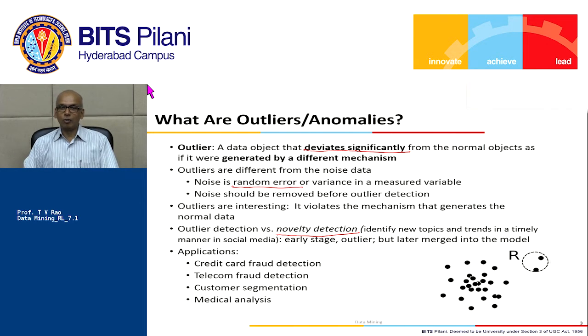But as it goes along, as it reaches the critical mass and more people start discussing it, it will become one of the mainline topics in the social media. So the novelty detection helps some agencies or organizations find out something that is about to take off, either in the society or in profession or in the business, etc.